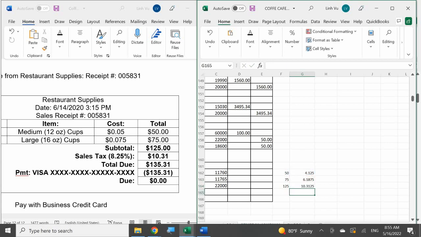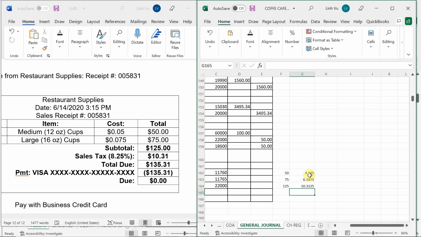Okay. I get 12.5 cents and 18.75 cents. Now in this case, if I were to say this is 4.13 and this was 6.19, I went over by a penny because of that split penny rule.